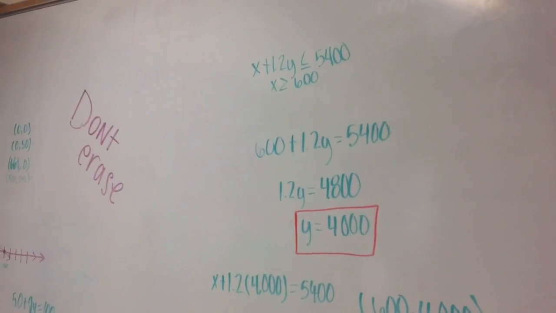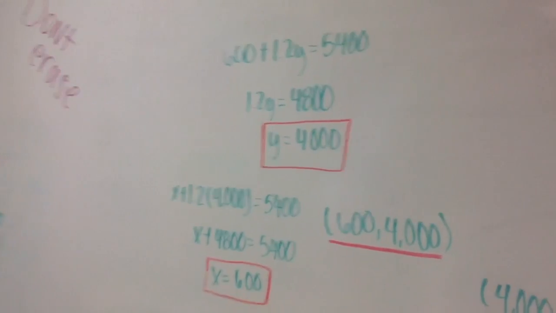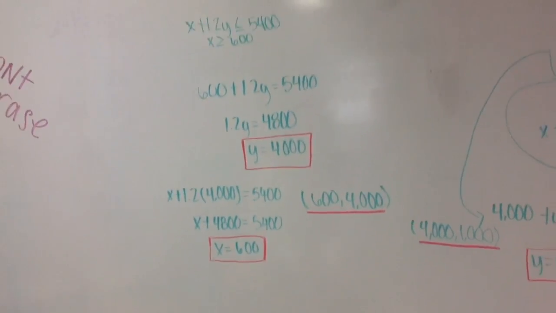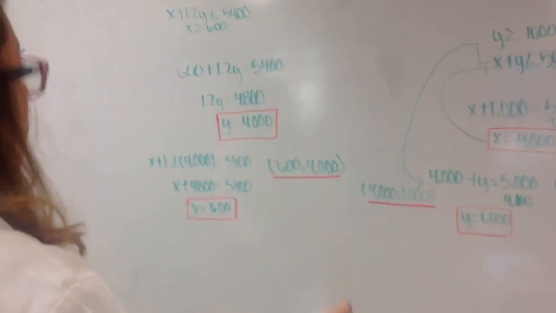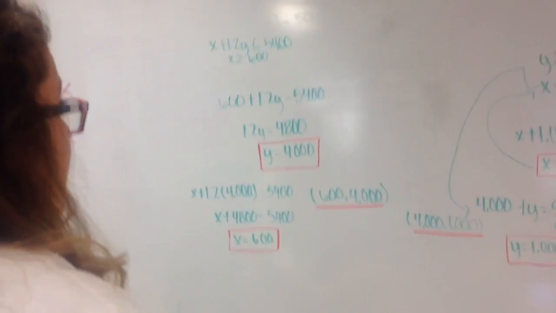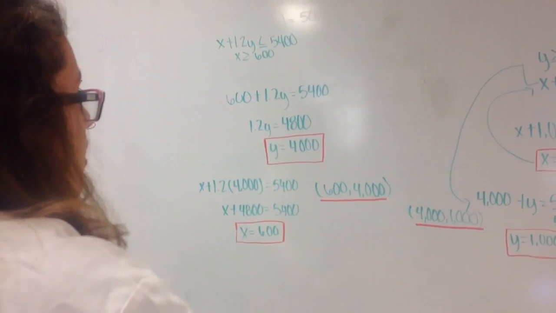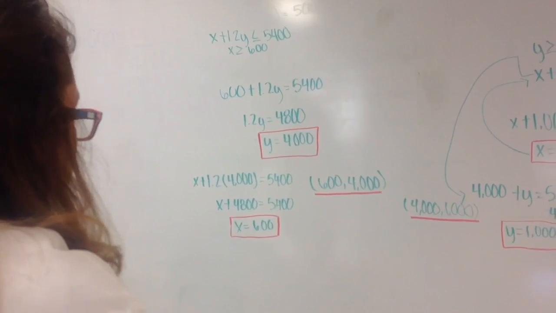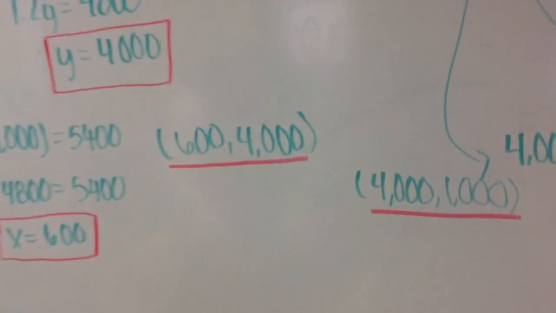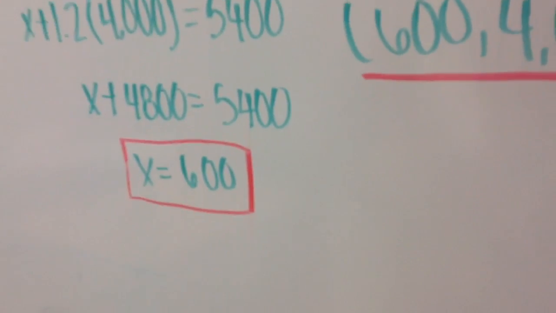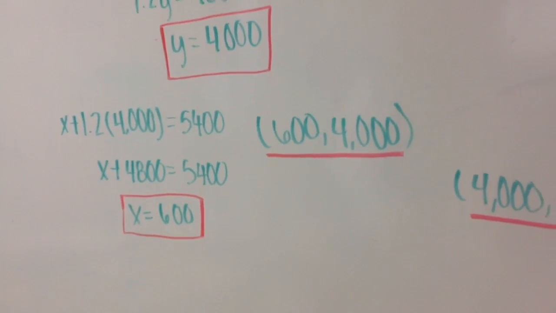So now we're going to find the intersection point of x is greater than or equal to 600, and x plus 1.2y is less than or equal to 5,400, which should be pretty easy because we're doing the same thing we've been doing for the last two. So we plug 600 in for x, and we get 600 plus 1.2y equals 5,400.